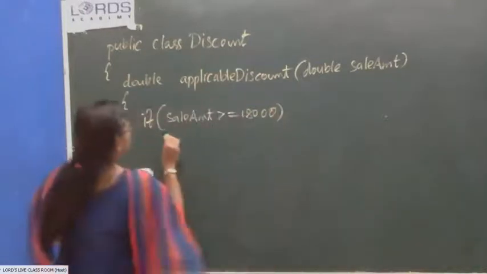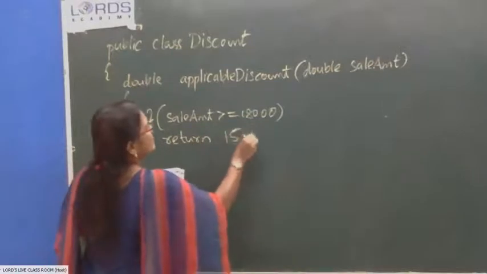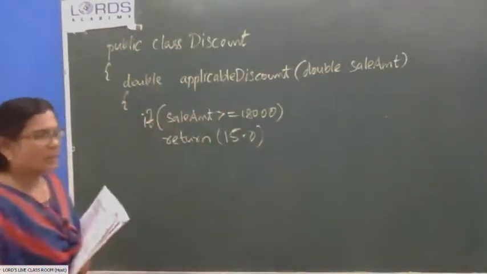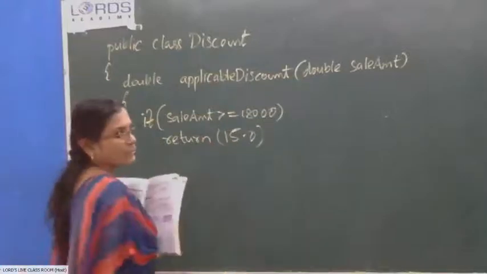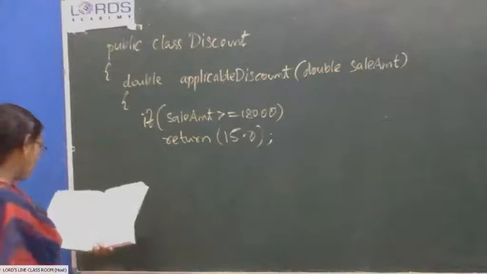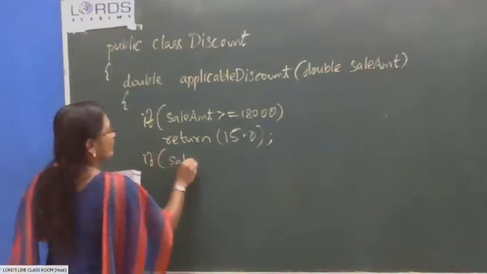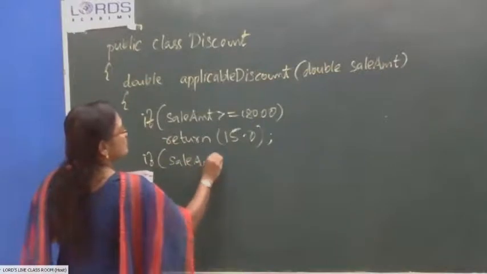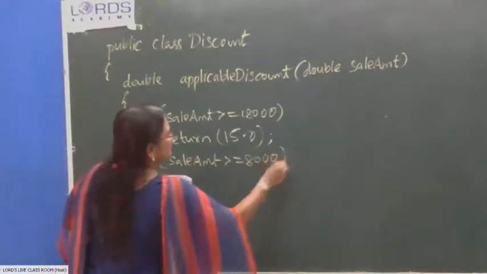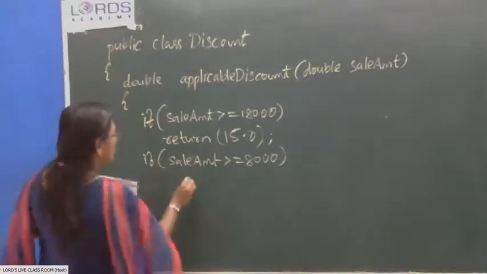return 15.0, because the return data type is double, not simply 15. Now, if salesAmount greater than or equal to 8,000, return 12.5.